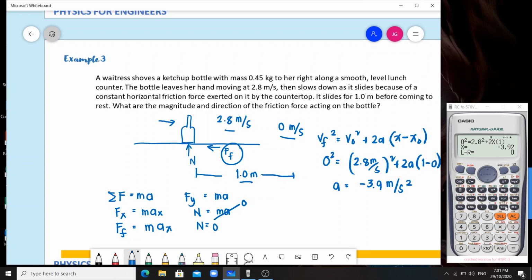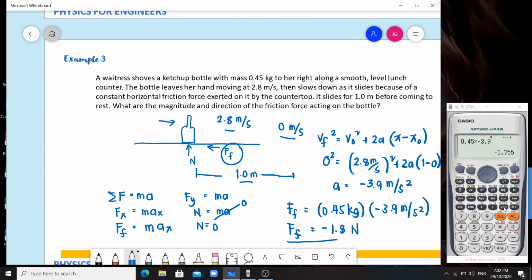So, if we are going to substitute it here, Ff is equals to mass, which is 0.45 kilogram, okay? And then, negative 3.9 meters per second squared. So, the frictional force is equivalent sa 0.45 times negative 3.9, which is equivalent to negative 1.8 Newton.